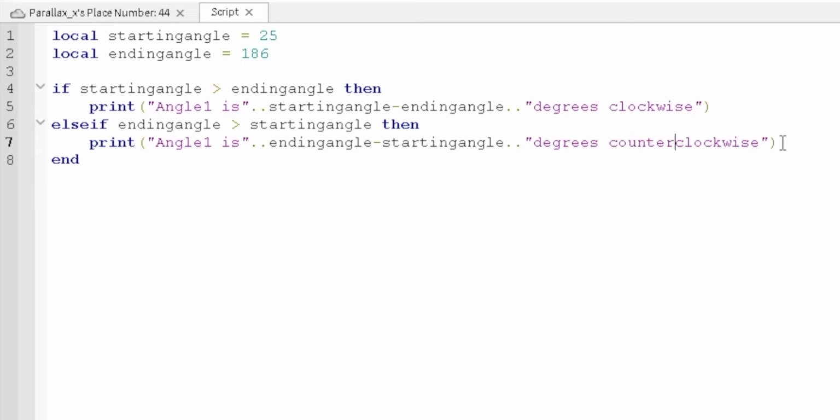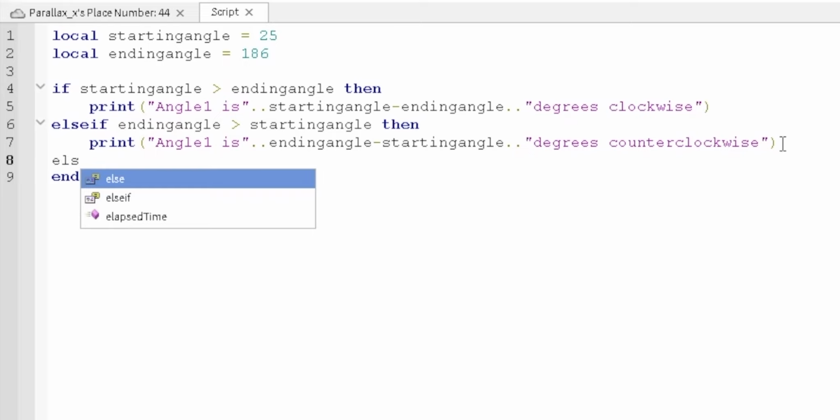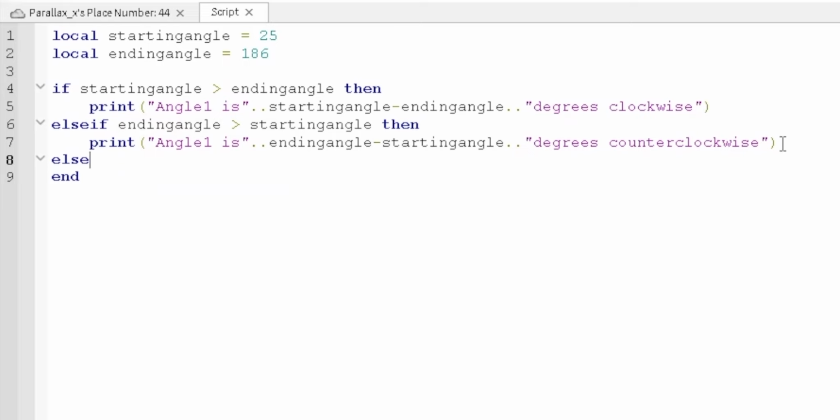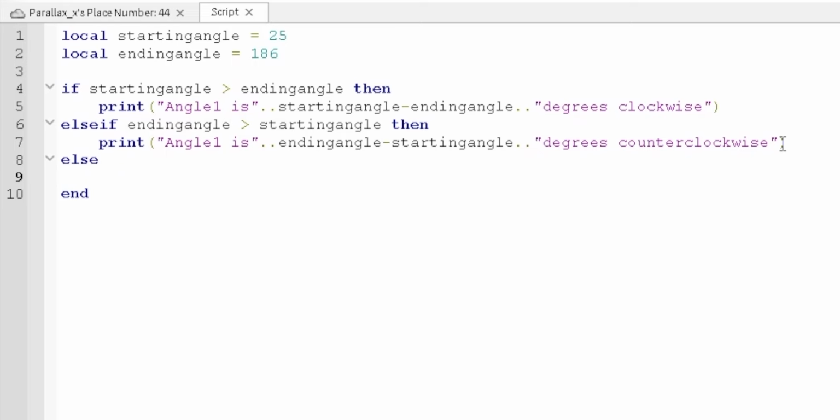And you just put an else because if they're magically the same, else print the angles are the same degrees.